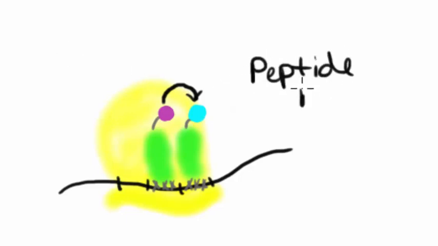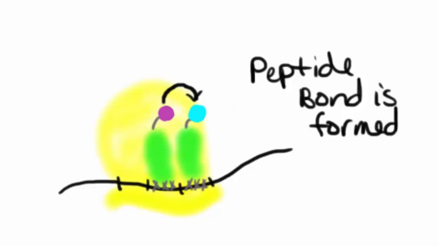Here we can see that the new tRNA is bound into the A site with its appropriate amino acid. Then the amino acid on the tRNA in the P site gets transferred to the amino acid in the A site. That is when the peptide bond is formed.